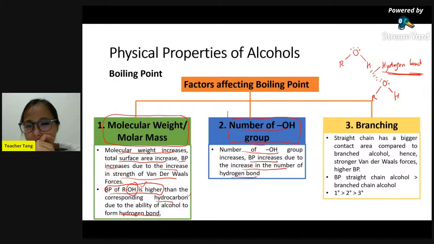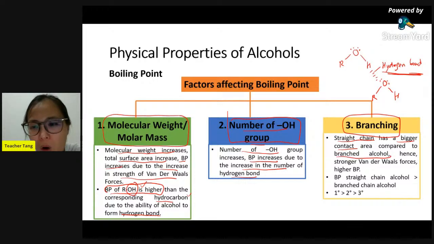Okay, and the third factor is branching. So we know that for a straight chain, larger surface area in contact, therefore higher boiling point. However, for the branched alcohol, when the alcohol has a branch, the van der Waals forces will become weaker because with the branch, there is smaller surface area in contact.